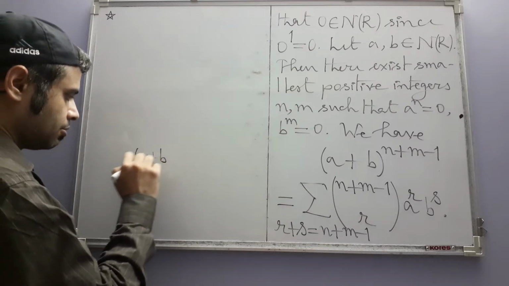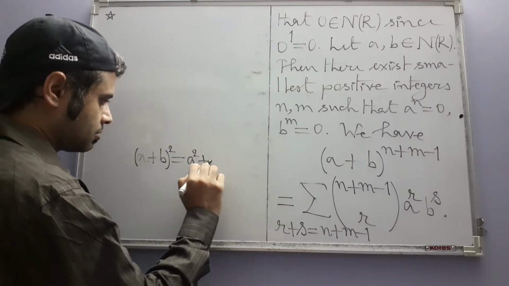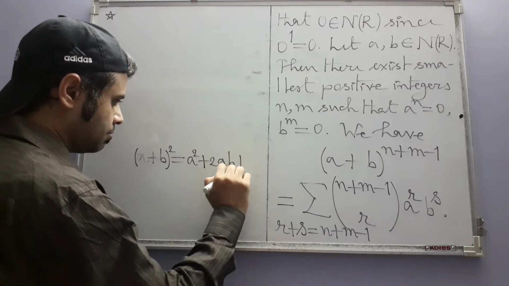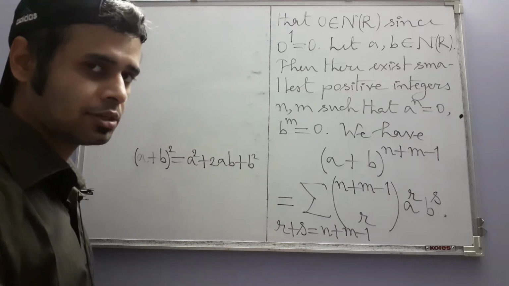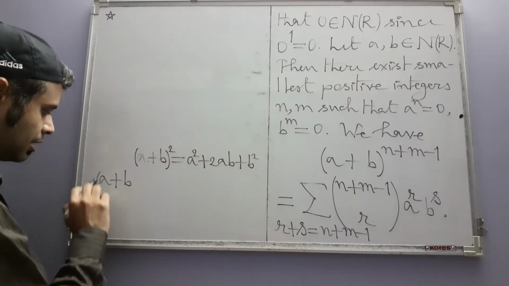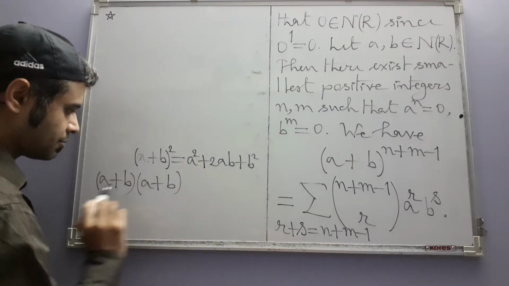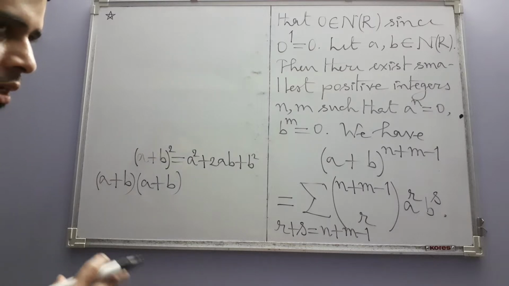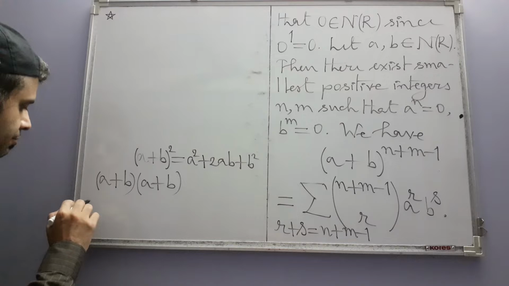A plus b whole squared equals a squared plus 2ab plus b squared. Now this thing in a general commutative ring is also true. What is a plus b whole squared? It is just simply a plus b times a plus b, and keep in mind that now our a and b are just like these a and b in a general commutative ring.